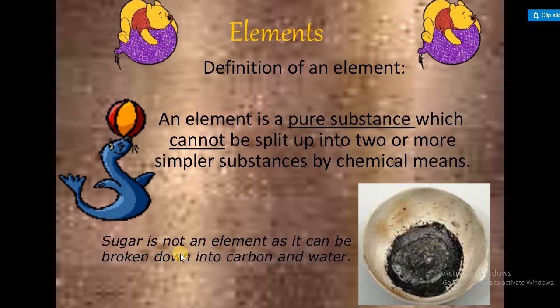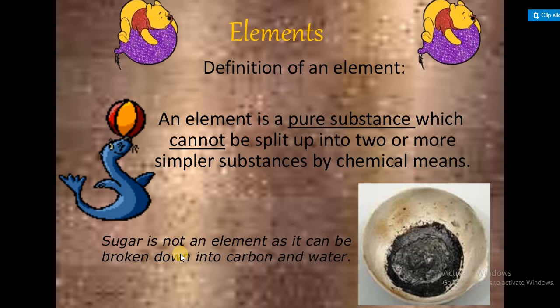Why am I calling it a compound? Because it is made up of atoms of three different elements which are chemically combined together. That means that if the substance is made up of different types of elements which are chemically combined together in a fixed ratio by mass, then that is a compound.